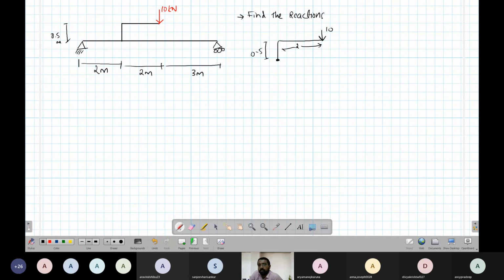So this is my beam. The force can be transferred to this point. So how do you transfer this load to this point? There is a possibility of another system in which the load is here.